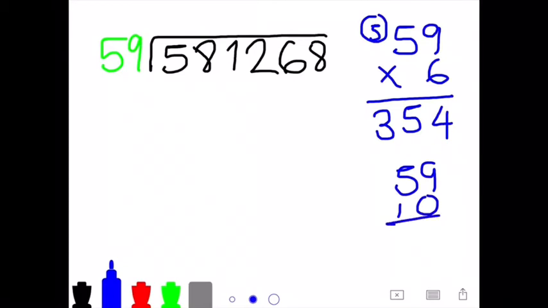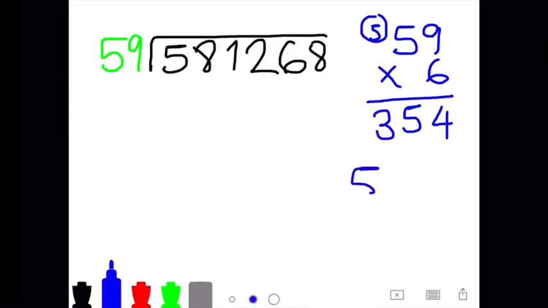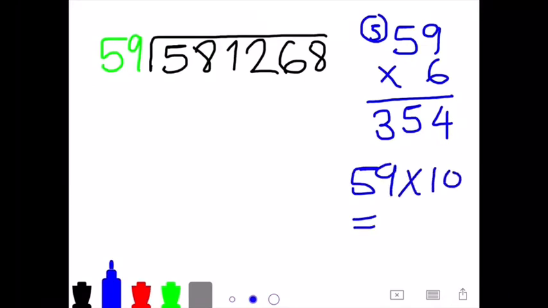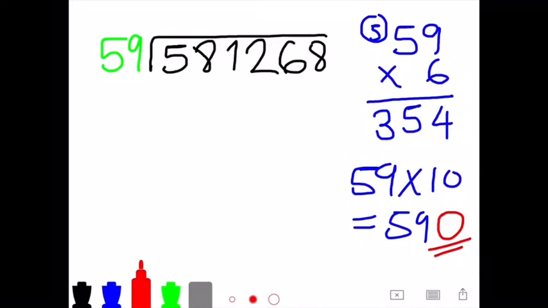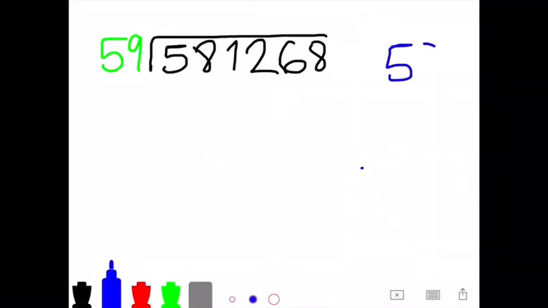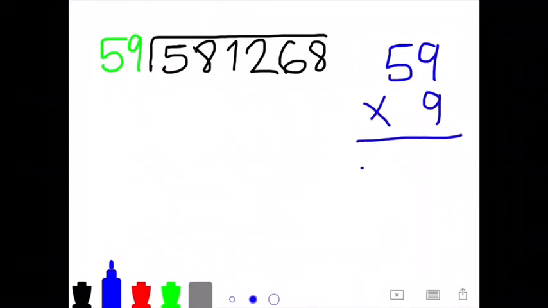Sorry, I'm just writing it out for you guys. So since that's 590, maybe therefore we can use 9 because it's below 590, and that's the closest to 581. So therefore our estimate is 59 times 9, and let's see how it goes.